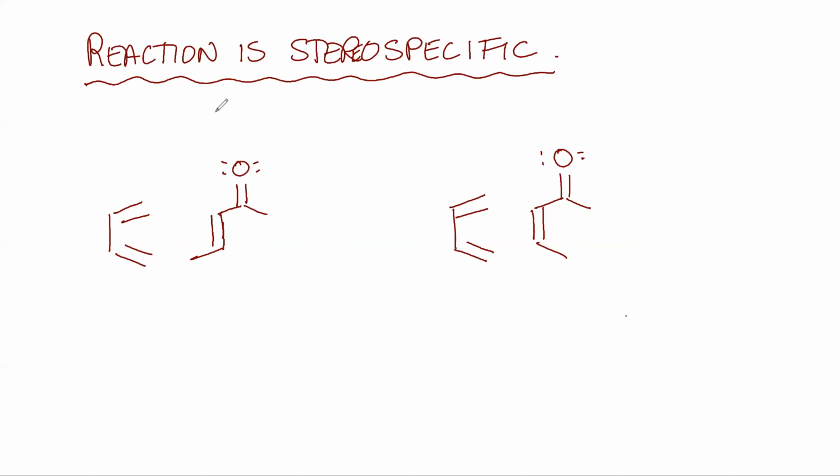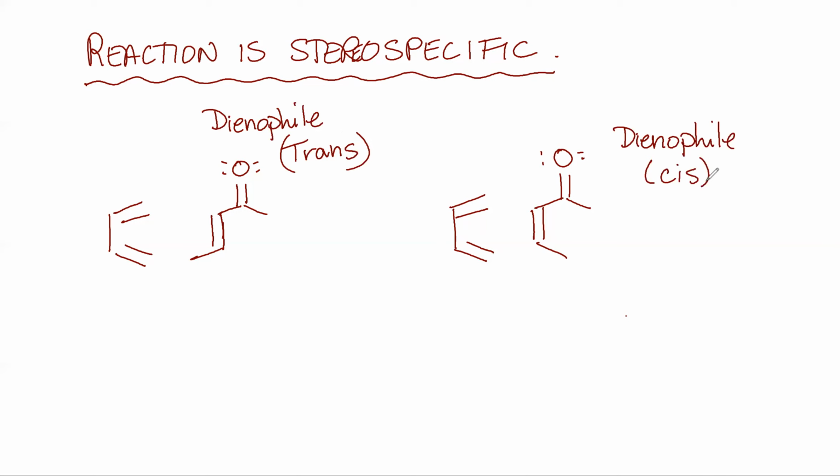So in this case, the dienophile is trans. And in this case, the dienophile is cis. So cis, remember, the two substituents are on the same side. Trans, the two substituents are on opposite sides. So when we do the reaction, we heat this up.